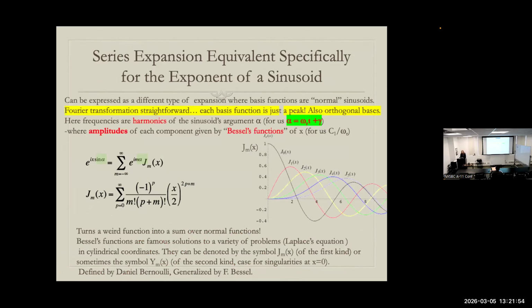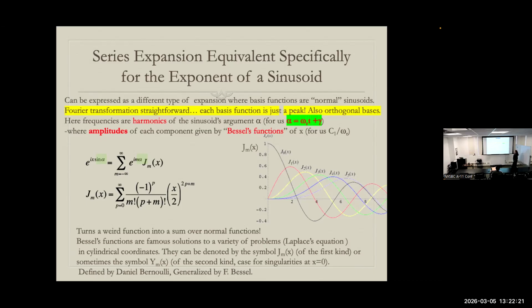We're going to do a series expansion in sinusoids. You could do series expansions in different basis functions, and I think there should be a premium on basis functions that are actually orthogonal to each other. If you choose normally behaving sinusoids as your basis function, they're not only orthogonal to each other, they're what we're used to in the spectrum.